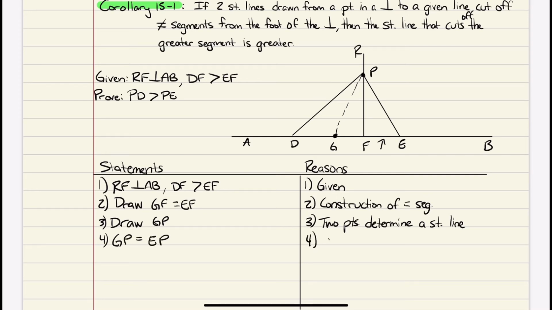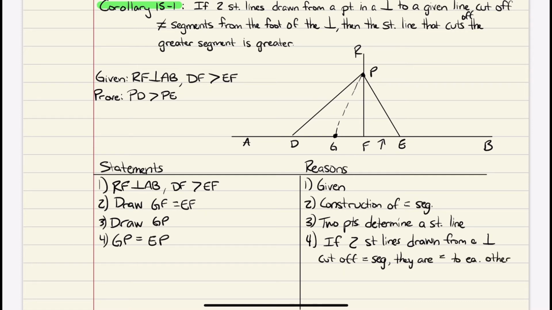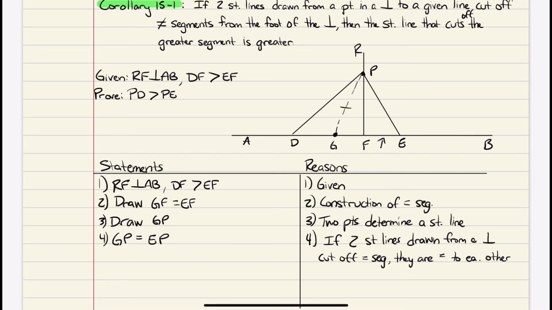And we would say if 2 straight lines drawn from a perpendicular cut off equal segments, they are equal to each other. All right, there we go. So now we can say that that is equal to that.